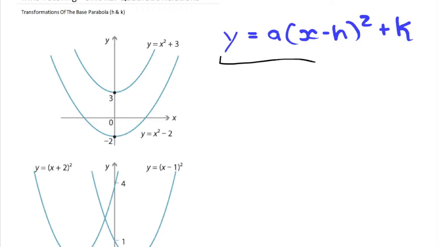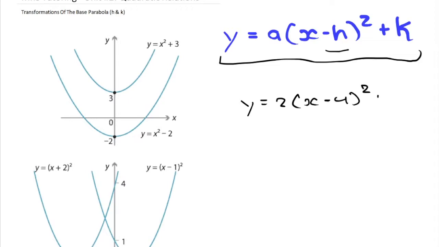First, we're going to be starting off with h. As you can see, h in the vertex form is inside a bracket with x, and what h does is it transforms the parabola either left or right. If h is negative in the equation, like it is right now, the parabola is translated to the right h units. So say for example, the equation was y is equal to 2(x minus 4) squared plus k.